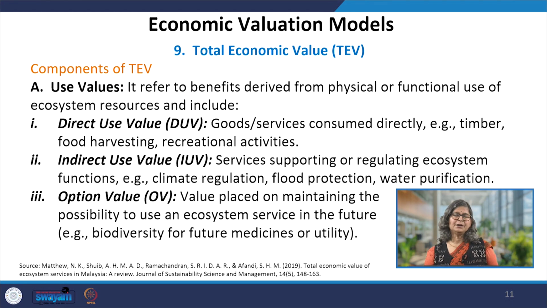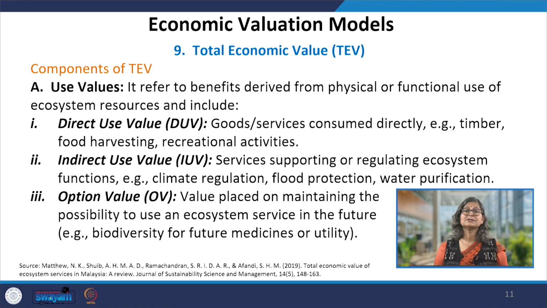Components of TEV. First is the use value, which is the benefits derived from the physical or functional use of ecosystem resources, and it includes direct use, indirect use and option value. Direct, as its name suggests, is goods and services consumed directly, like timber, food harvesting, recreational activities.